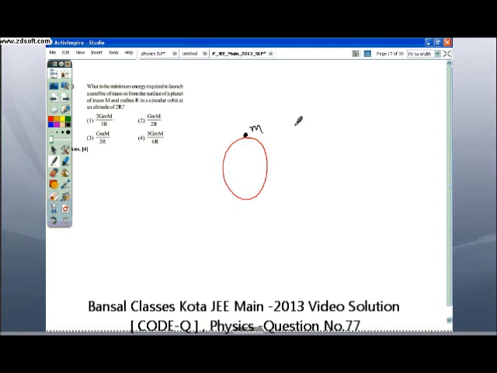So total energy, initial total energy is only potential energy, that is given by minus GMm by r, where capital M is mass of planet, r is radius, and small m is mass of particle or this satellite.